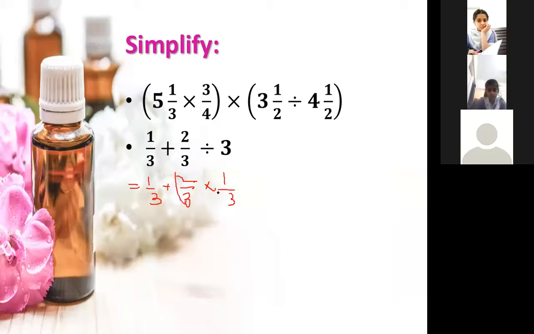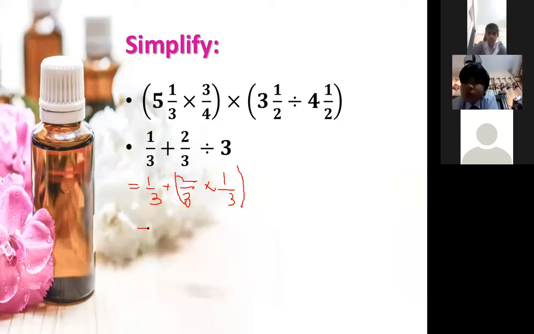Now you are going to solve this one first. First you will solve multiplication, not addition. It will remain same, 1 upon 3 plus. Now nothing can be cancelled here, so simply you will multiply them together, numerator with the numerator, denominator with the denominator. So 2 multiplied by 1 will be 2, and 3 multiplied by 3 will be 9.